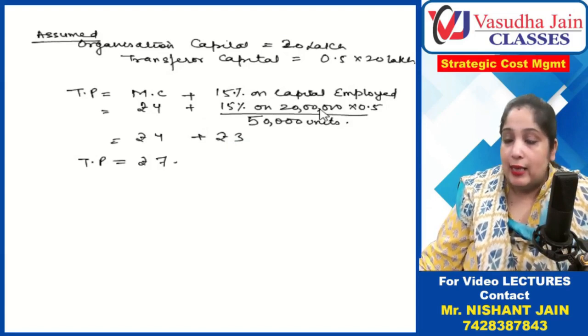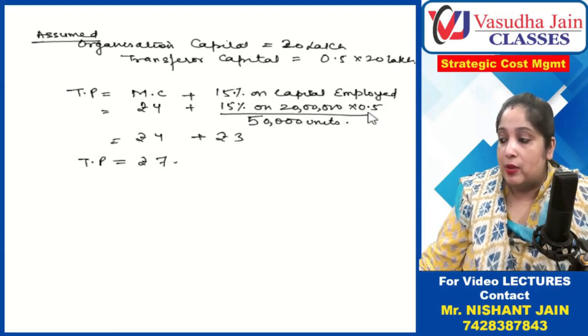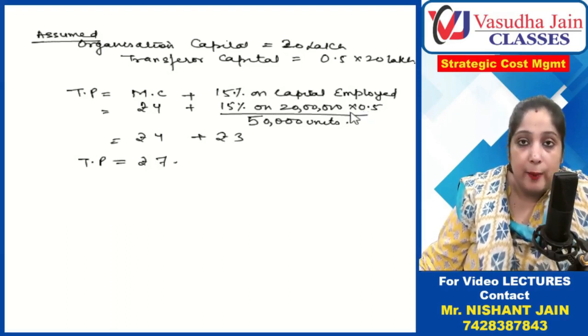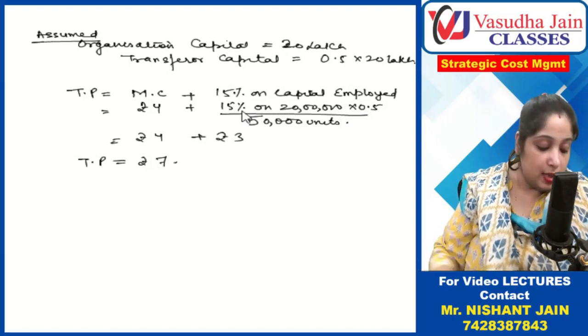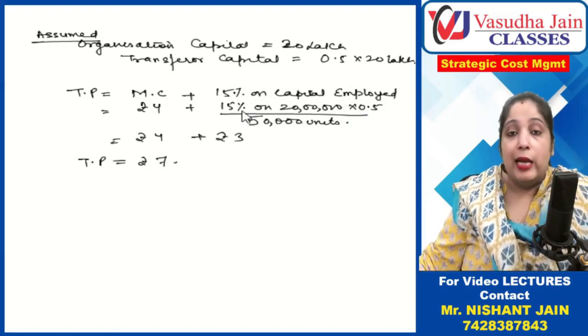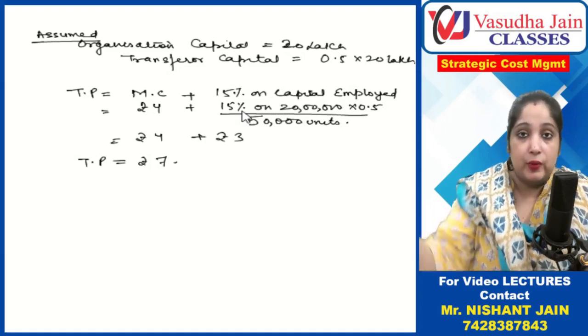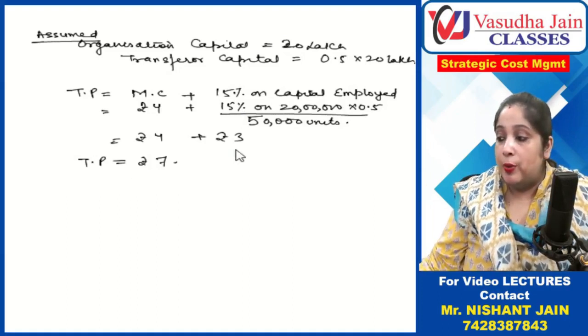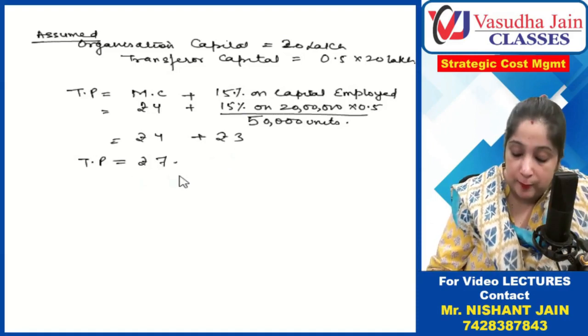So 20 lakh is the capital employed. In the transferor company, capital is only 50%, 10 lakh. On 10 lakh of capital, the return we want is 15%. So return is coming out to be 3 lakh. That 3 lakh return you have to earn on 50,000 units, because you're going to transfer that to the transferee. So 3 rupees, that means transfer price is 7 rupees. Now how much will be the effect on profit?